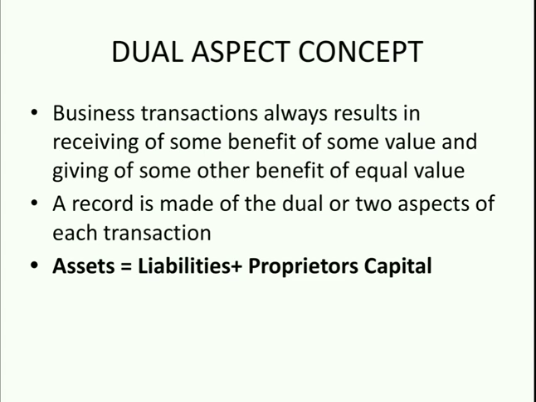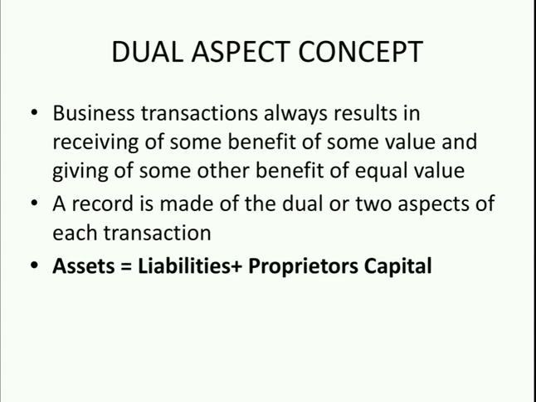So generally what happens is, there is something which we need and we have to pay something for that. So we receive some benefit of a particular value and we pay something for receiving that benefit. A record is made of the dual or two aspects of each transaction.